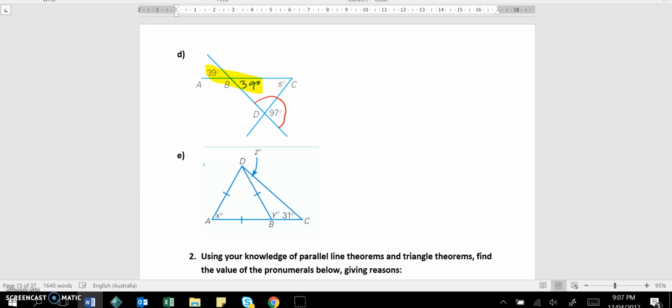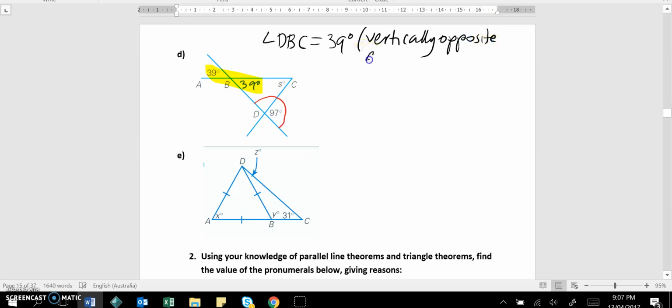So writing this down, I'm going to write down that angle DBC, the one highlighted in yellow, is 39 degrees. And my reason for that is vertically opposite angles are equal.